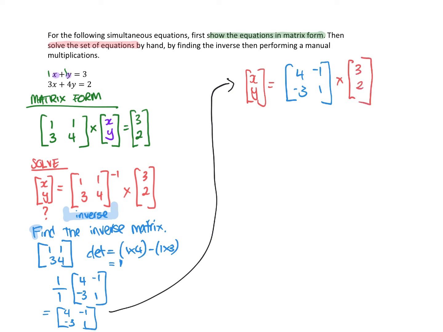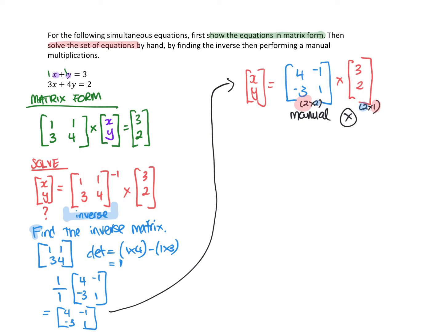Okay, so now we're going to do manual multiplication. Yeah? So if we have a little look, this is a 2 by 2 and this is a 2 by 1. Is it defined? Yes. Yeah, because these two numbers are equal. And what will my answer be? Good, it'll be a 2 by 1, won't it?